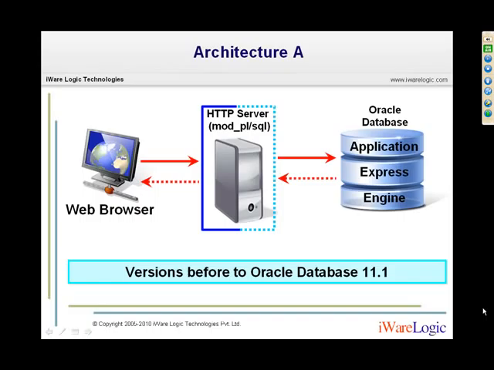The HTTP server converts that request into an appropriate SQL query. Then that query fetches the data from the database. It retrieves the data from the database and sends it again to the HTTP server. Then the HTTP server converts that query result into an appropriate response, which is sent to the web browser, and you can see the output of your query.